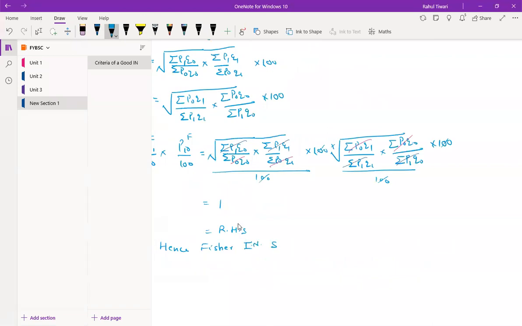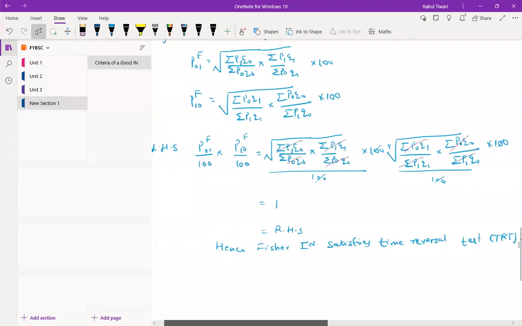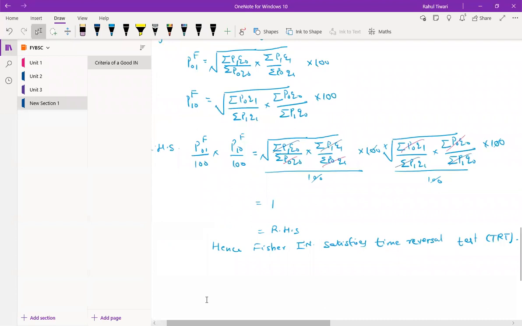number satisfies time reversal test. I can write TRT also. So if you have any questions, you can ask, or you can try out any other index number on your own.